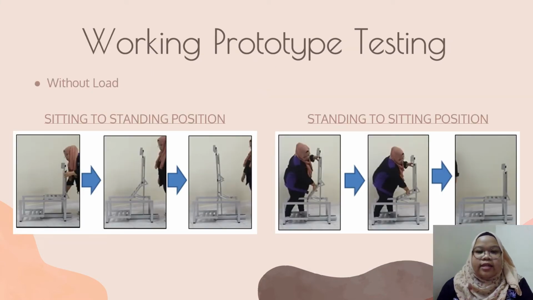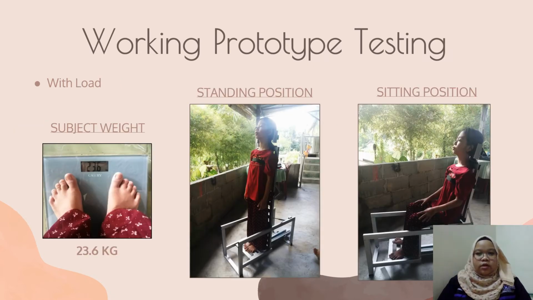Okay, next, this is the working prototype testing. We test it in two conditions, which is with load and without load. So this is the sit to stand position, and then the stand to sit position. So this is the working prototype testing with load.